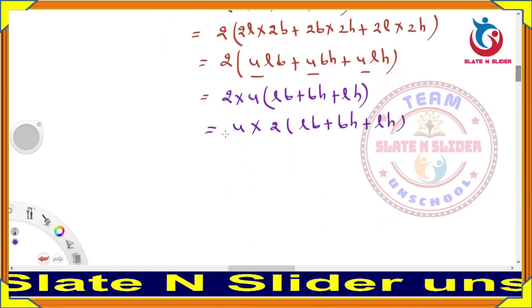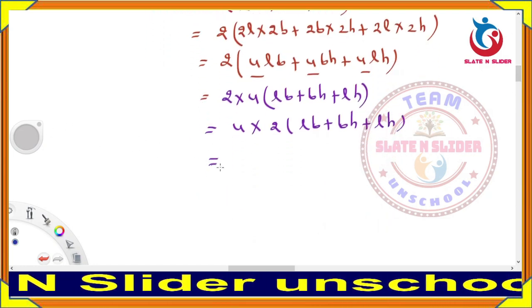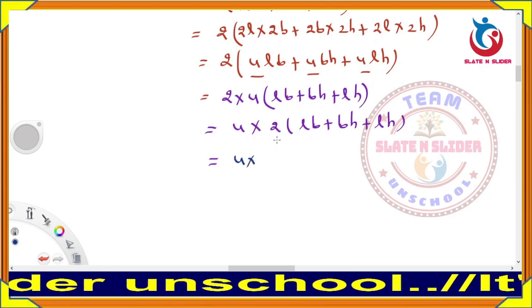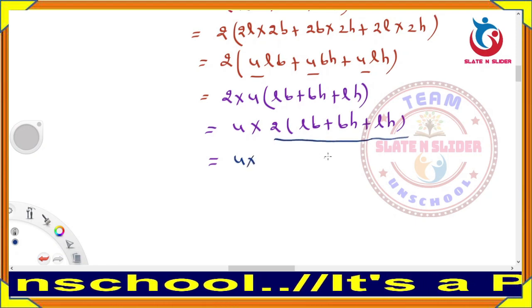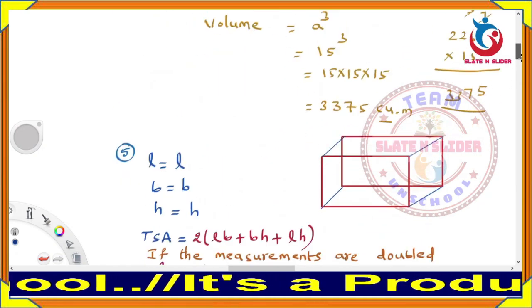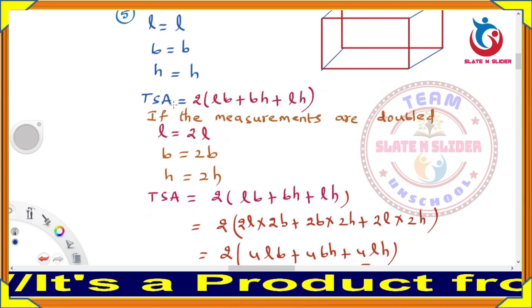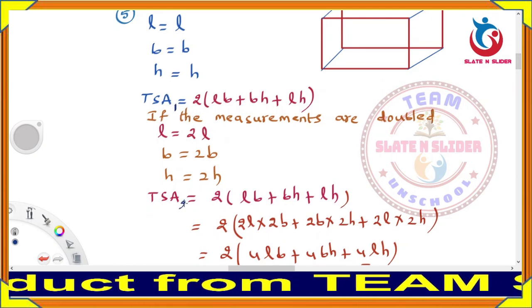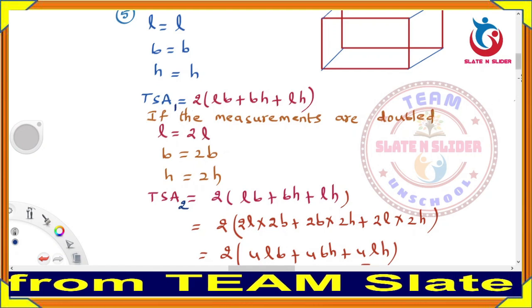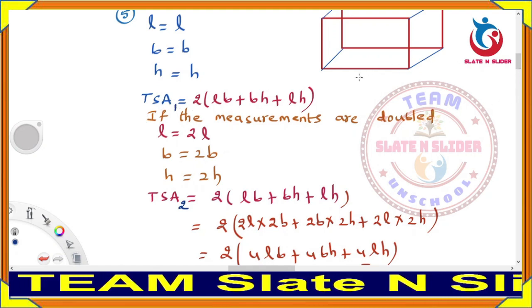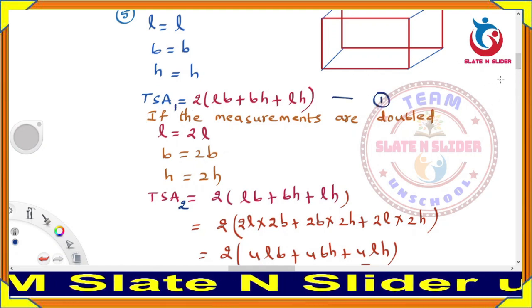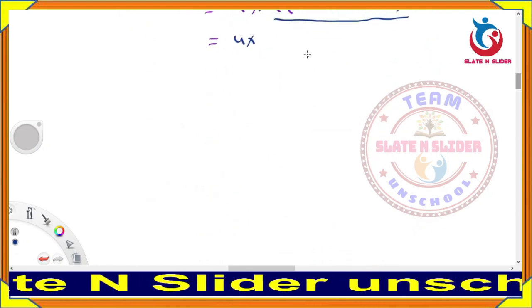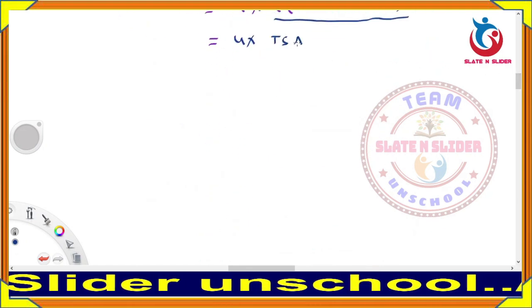Now this is equal to 4 into this 2 of LB plus BH plus LH, which is the total surface area of the first one. That means we can suppose it as TSA1 and this is TSA2. So this 2 of LB plus BH plus LH can be taken as TSA1, 4 into TSA1.